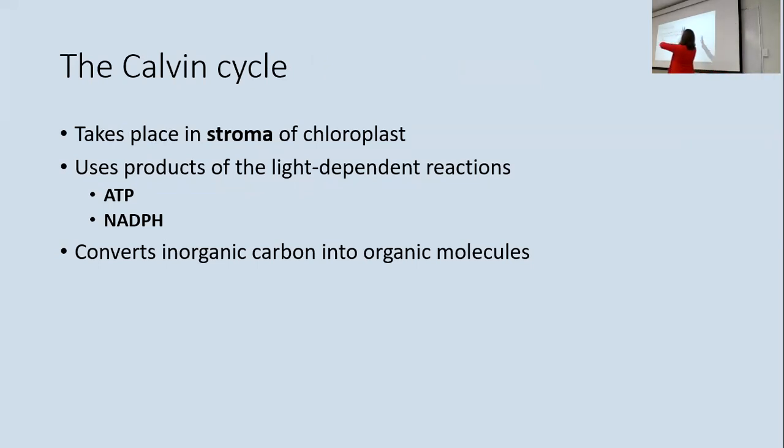We've been generating all these NADPHs and ATPs on the outside of the thylakoid, and surrounding the thylakoid stacks is the stroma, the gel that fills the chloroplast. All of this ATP and NADPH is going to power the Calvin cycle, where we convert inorganic carbon into an organic molecule.